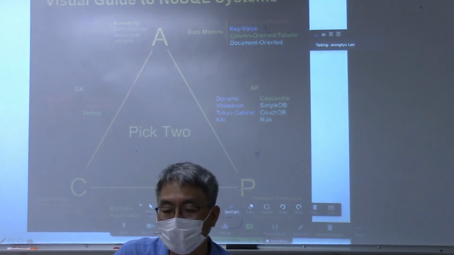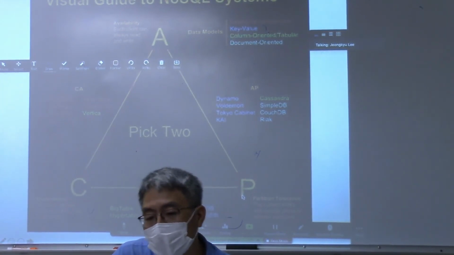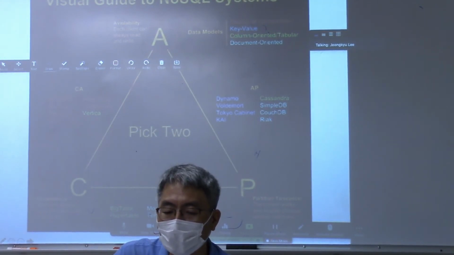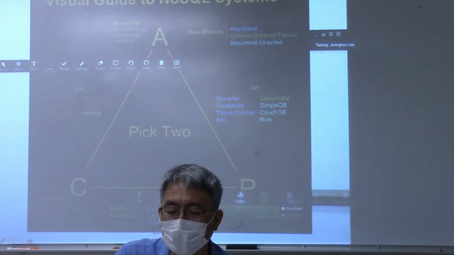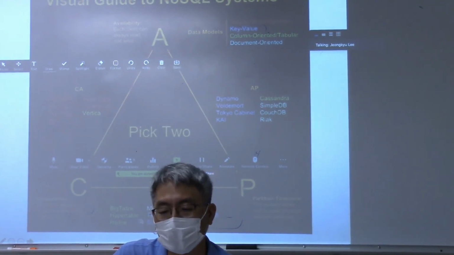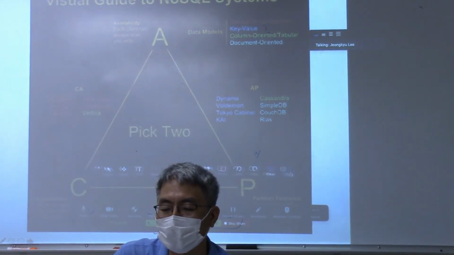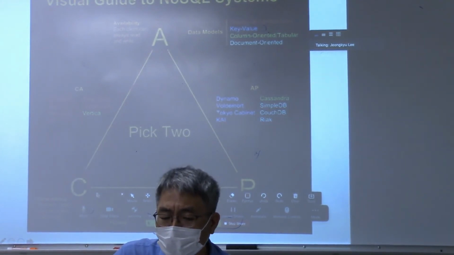But what about C and P? Consistent and partition, but may lose availability. Like Google Bigtable or MongoDB, and Memcache. I think one student may choose Memcache at this time, not sure. And also HBase. HBase uses such C and P. Many NoSQL databases actually support A and P. They may not entirely give up consistency.